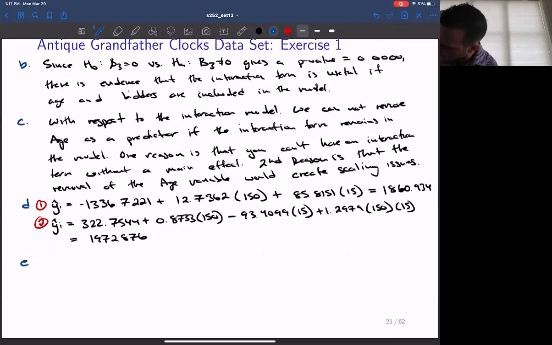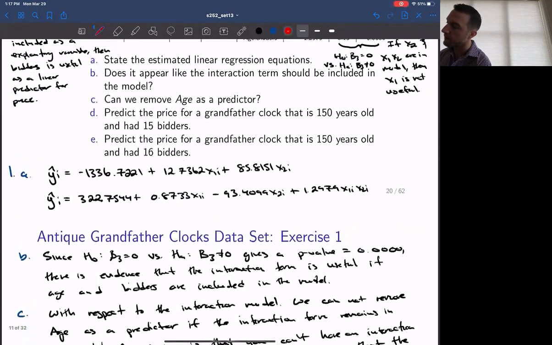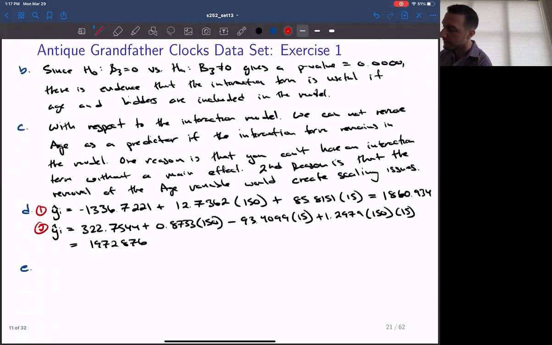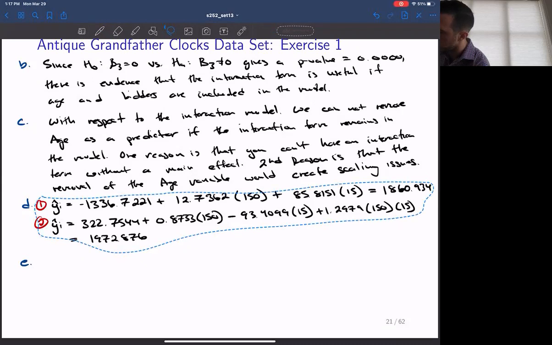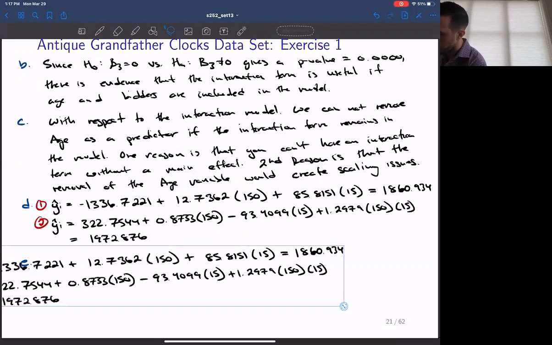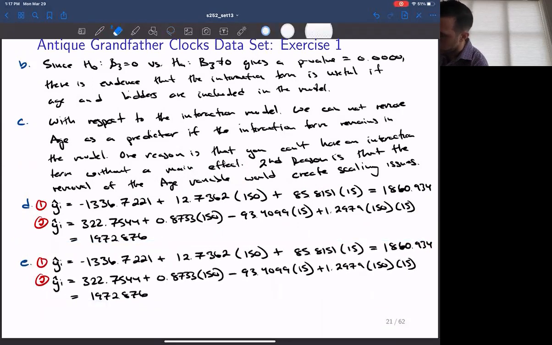Okay, and then in part E, we're asked, predict the price of the clock that is 150 and has 16 bidders. Okay, so same idea, we're just changing the one number, but then we can compare again and we'll be able to see the effect of this interaction term. All right, so we take this, paste it down here. Call this 3, call this 4.